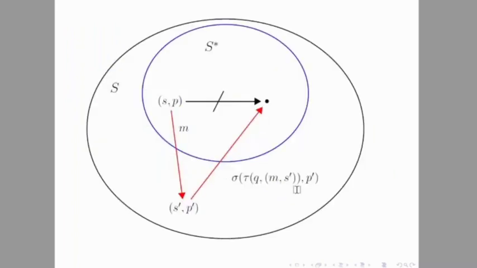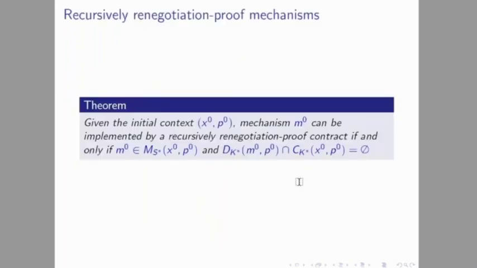I'm not going to go into the intuition more deeply, but let me give you the key characterization result. We know, on the basis of the previous result, that a recursively renegotiation-proof contract exists, and therefore there is always a mechanism that can be implemented by a recursively renegotiation-proof contract, given the initial context.